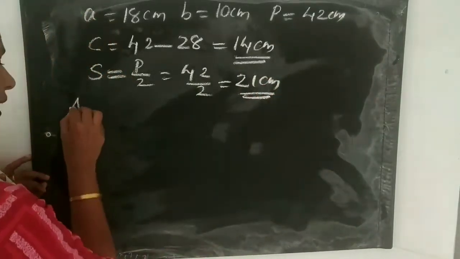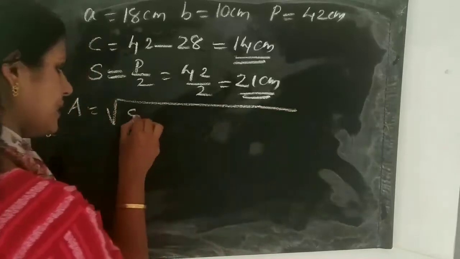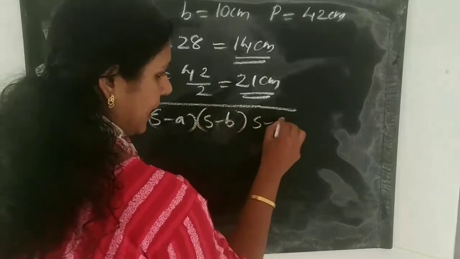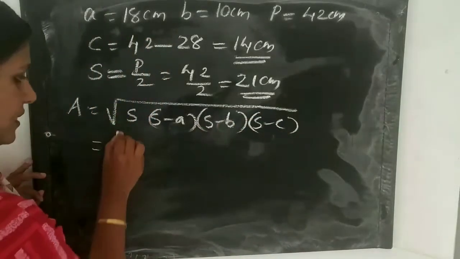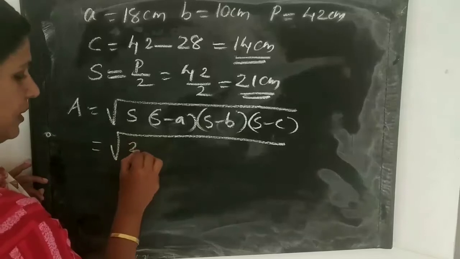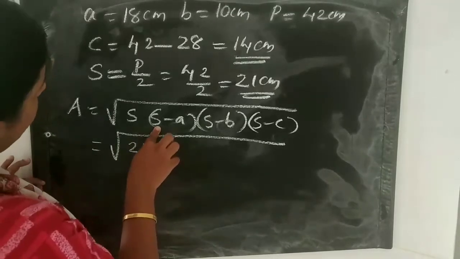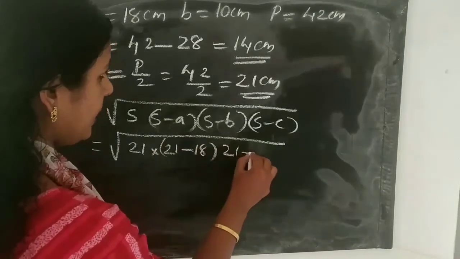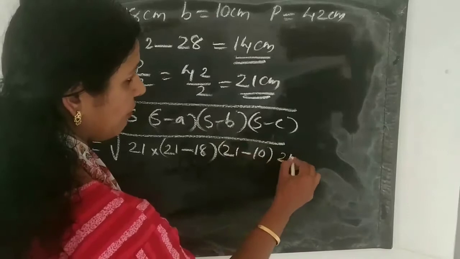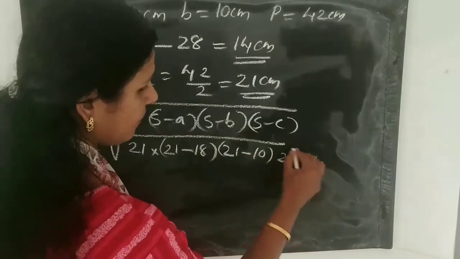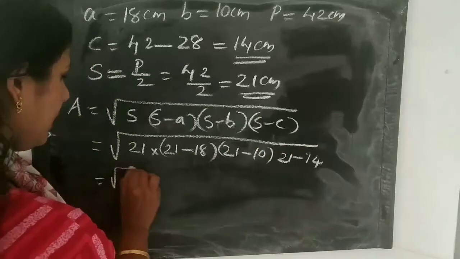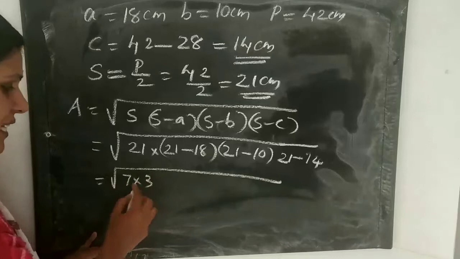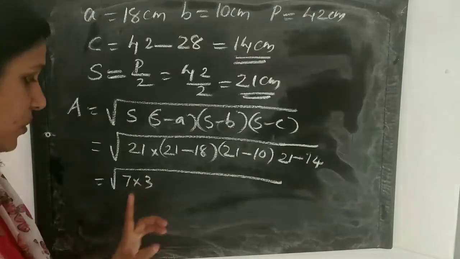Now we need area equal to root of S into S minus A into S minus B into S minus C. That is root of 21 into 21 minus 18 into 21 minus 10 into 21 minus 14. Now 21, you just factorize as 7 into 3, prime numbers.